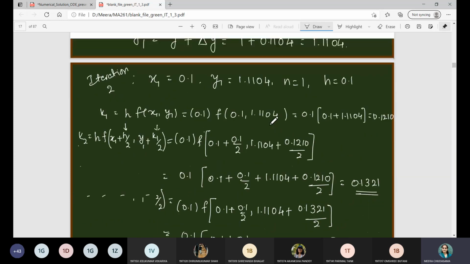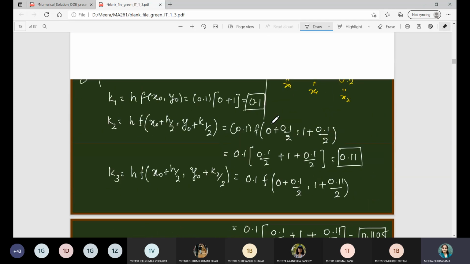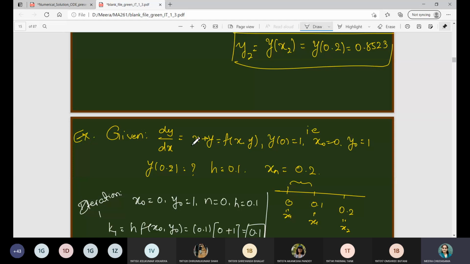Since this is a linear differential equation we are given, you can solve it by that computation, and you can check whether this is the correct answer you are getting or not. I don't know if we have taken it in the Euler's method or modified Euler's method.